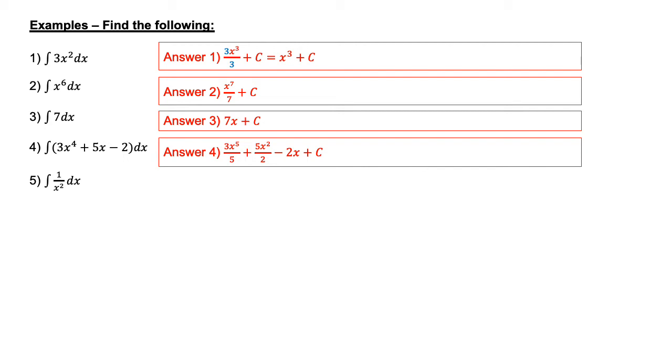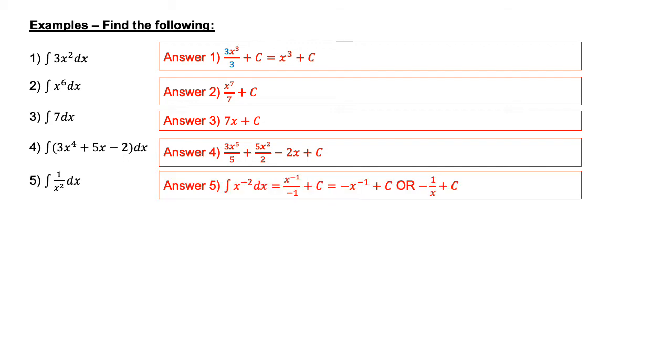Right. Here I've got 1 over x squared. So what we've always got to do is write each term, in this case a single term, as a power. So we know that 1 over x squared is the same as writing x to the minus 2. They mean the same thing.